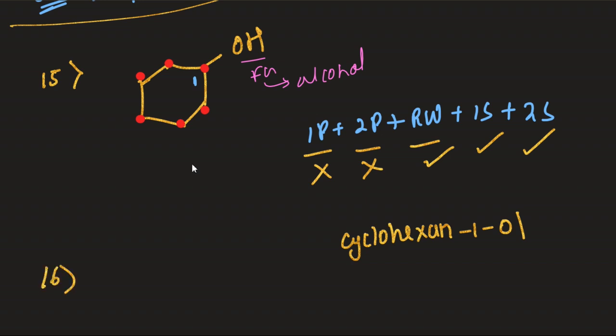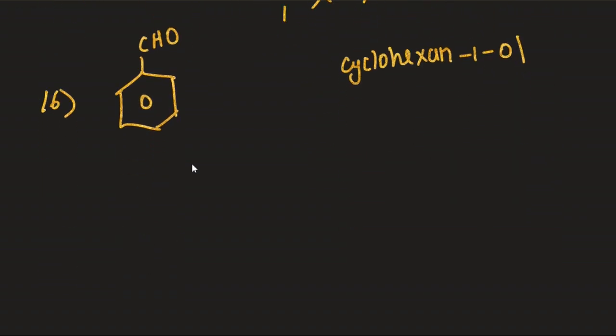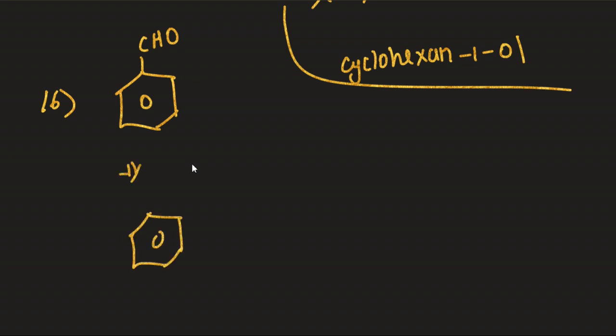Next, 16th one. Right. When you elaborate the structure, this is nothing but benzene with C double bond O, H. This is nothing but our aldehyde group.